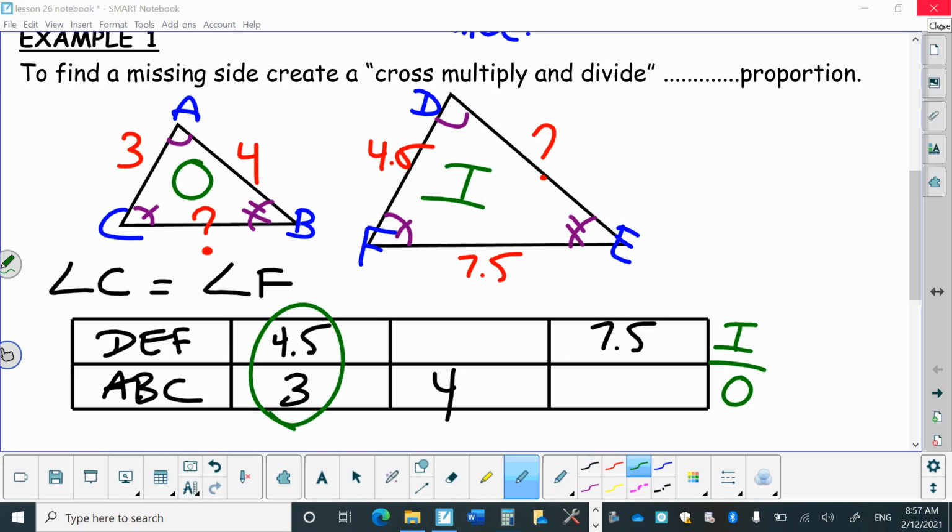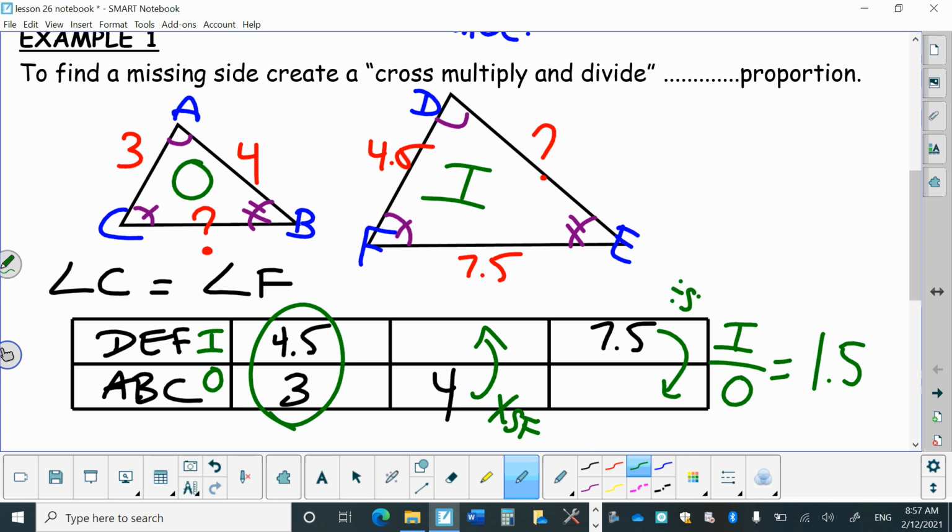So my scale factor is 1.5 because I'm dividing image over original. You pick which is image and which is original. If you decided that this was your original and this is your image, you then know how to travel. Old to new, multiply by the scale factor. Image back to the original, you are dividing by the scale factor to fill that in.